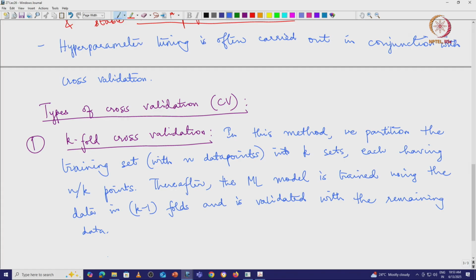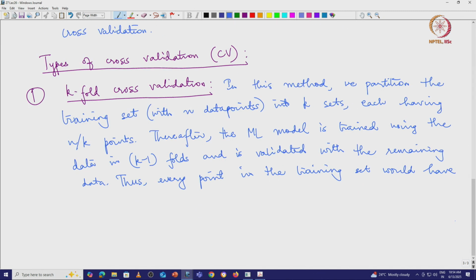Thus, every point in the original training set would have participated in both training and validation.